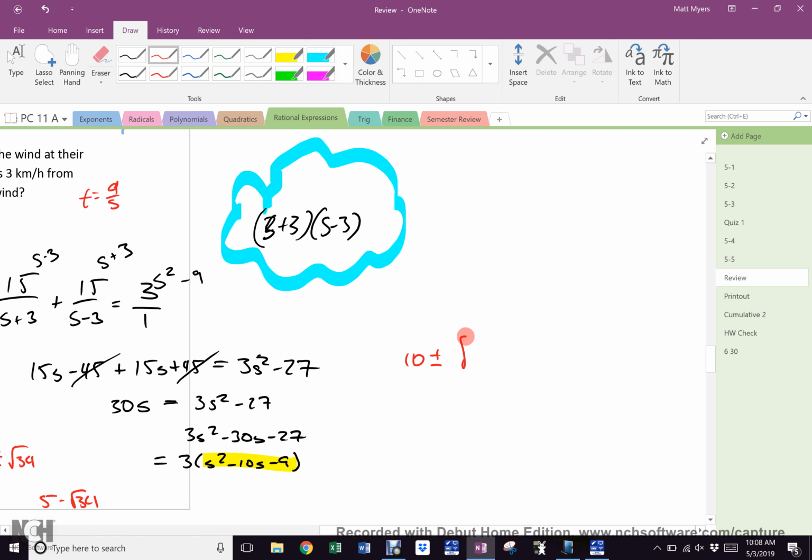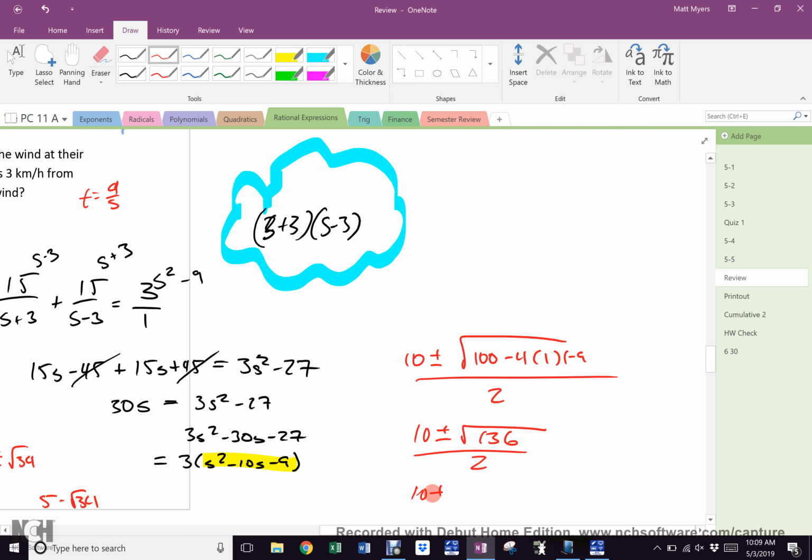10 plus or minus the root of 100 minus 4 times 1 times negative 9, over 2. Right? 10 plus or minus the root of 136 over 2. Yes? Right? 100 plus 36. 136 breaks down into 4 times 34.